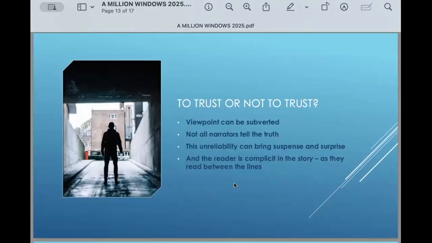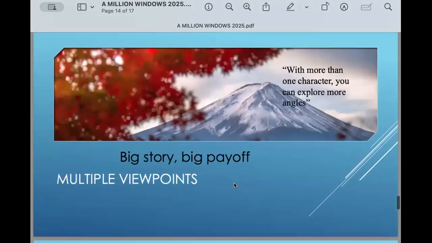Great. So if we go to the next slide. Now we're going to where we are deliberately setting up multiple viewpoints in our story. If you have more than one narrator or more than one viewpoint, you can explore far more angles in the story.